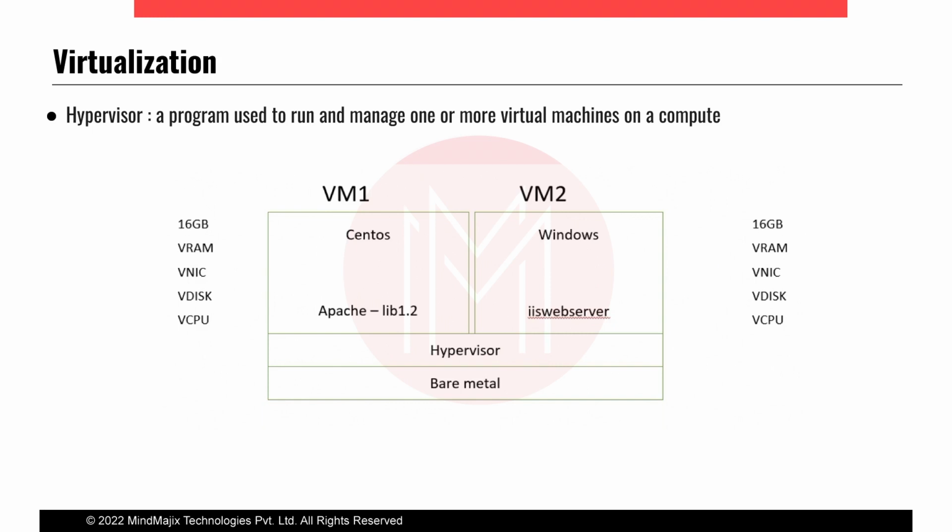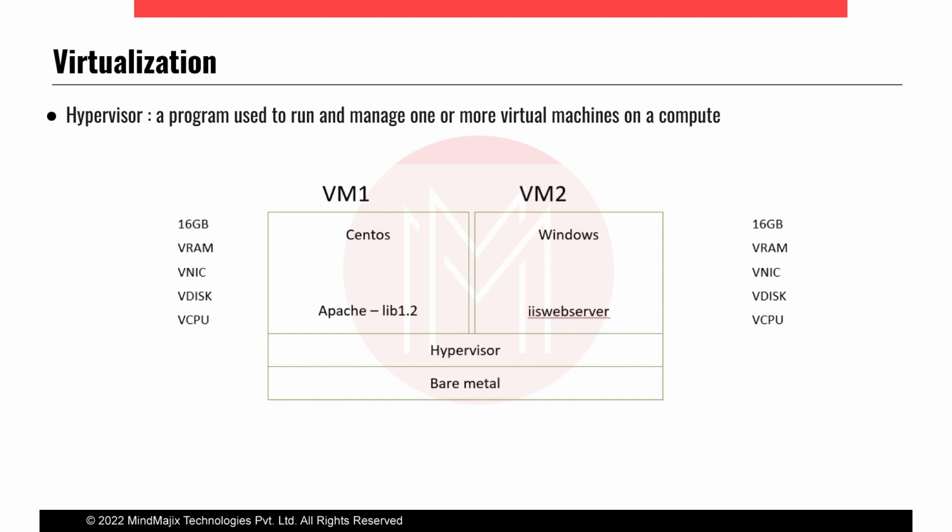The applications or processes running in the virtual machines cannot see what all the resources I have on my bare metal, because the hypervisor here is doing the job of isolating, and it is abstracting the bare metal resources. This is actually the concept of virtualization.